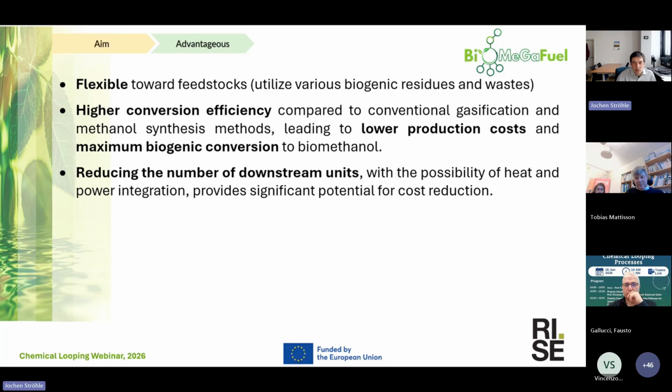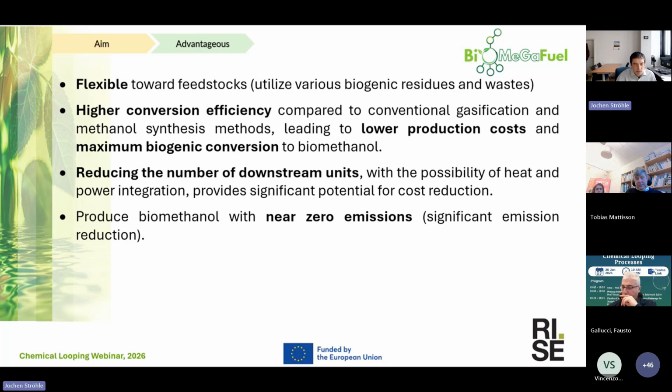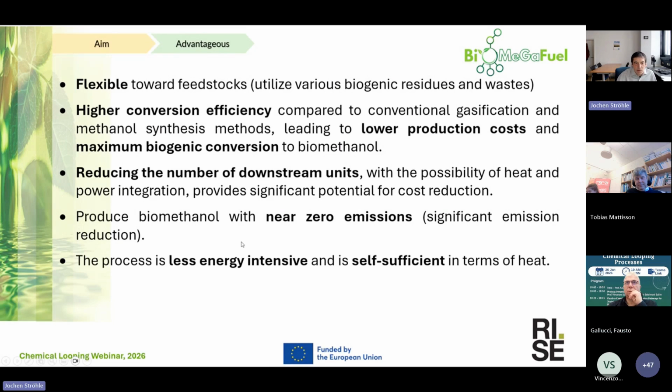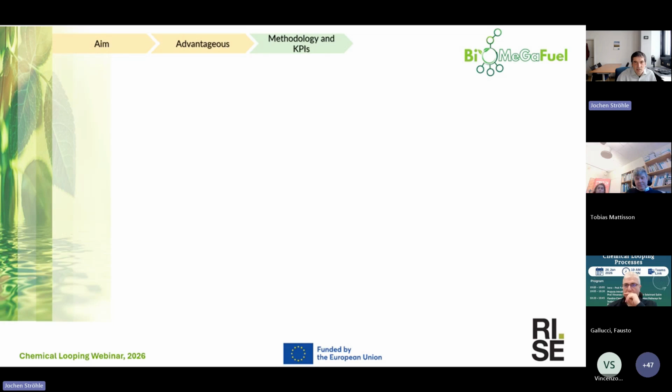So in a conventional system, we first have a CO2 separation, and then afterwards methanol synthesis, and we have combined it into one unit. We produce biomethanol with near zero emissions, and the process is less energy intensive and self-sufficient in terms of heat.